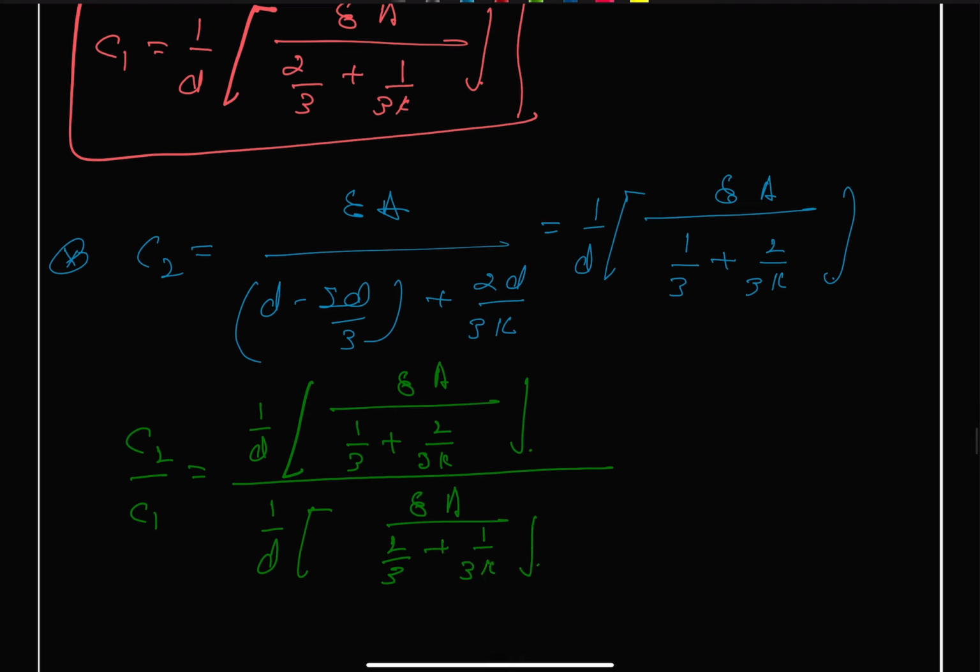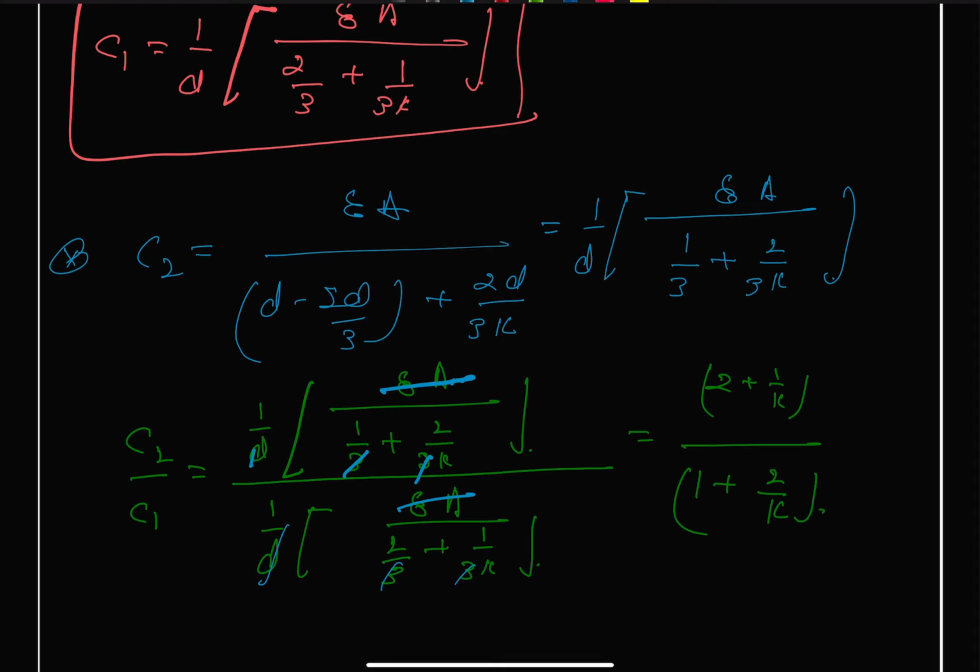Epsilon naught A cancels, d and d go away. Similarly, this 3 also cancels out throughout, and we are left with 2 plus 1 by k, divided by 1 plus 2 by k.